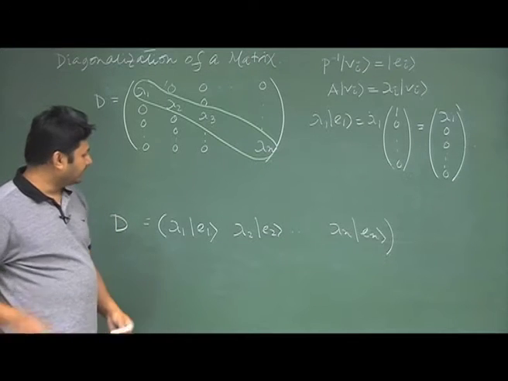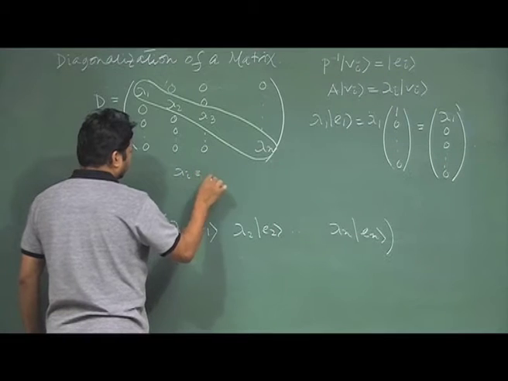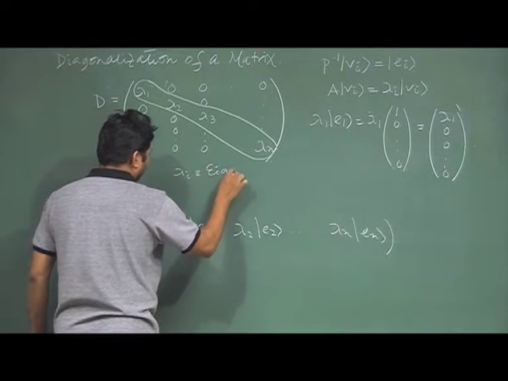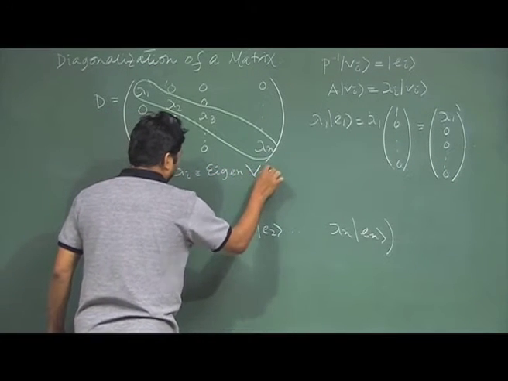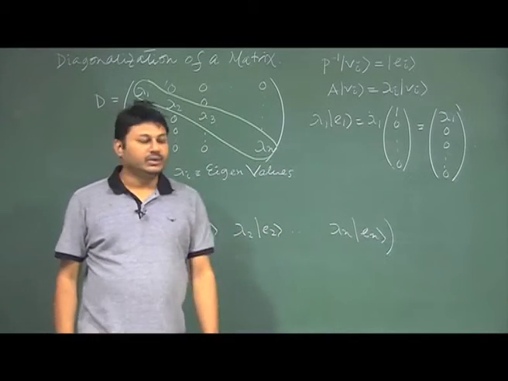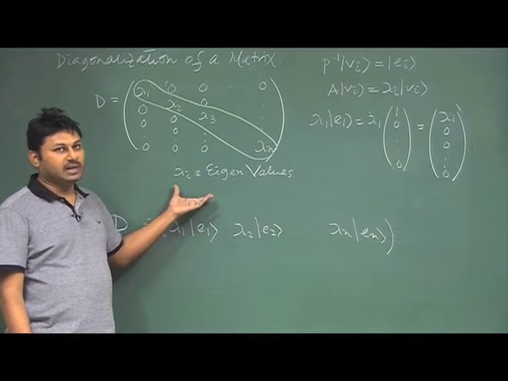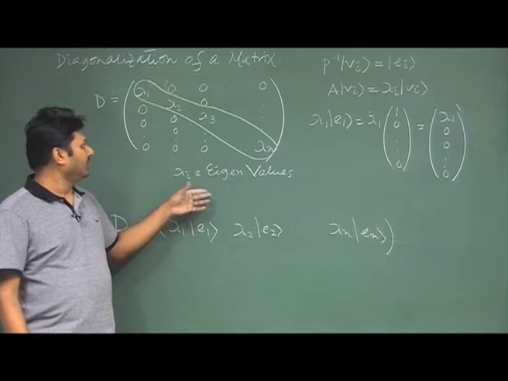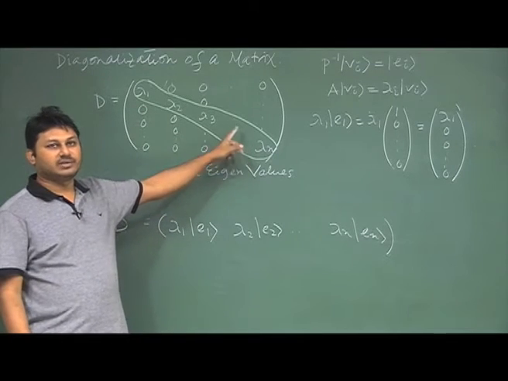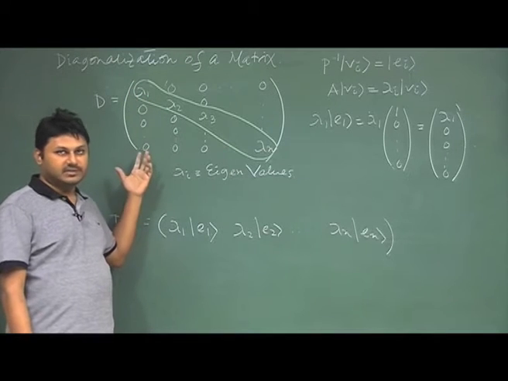So the diagonal elements lambda i are the eigenvalues. So essentially what we are doing is, we find a recipe to diagonalize a matrix.